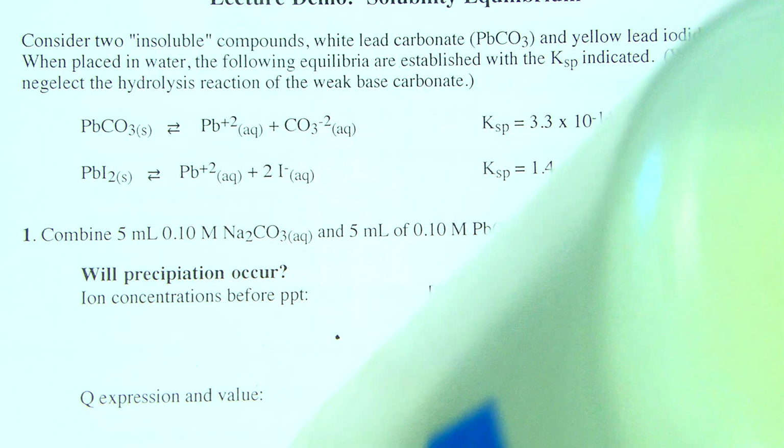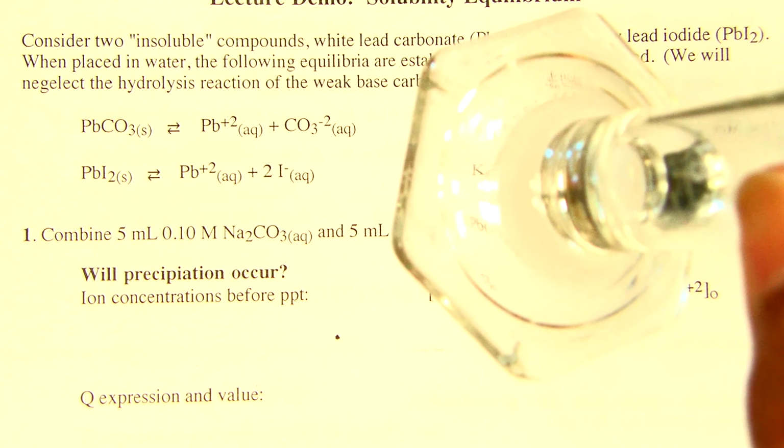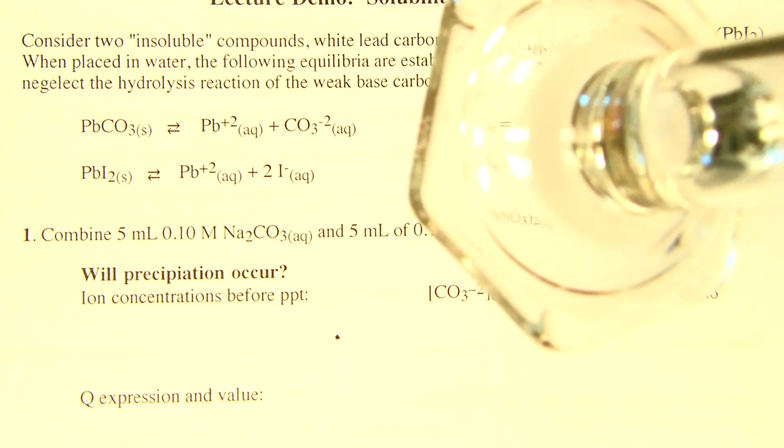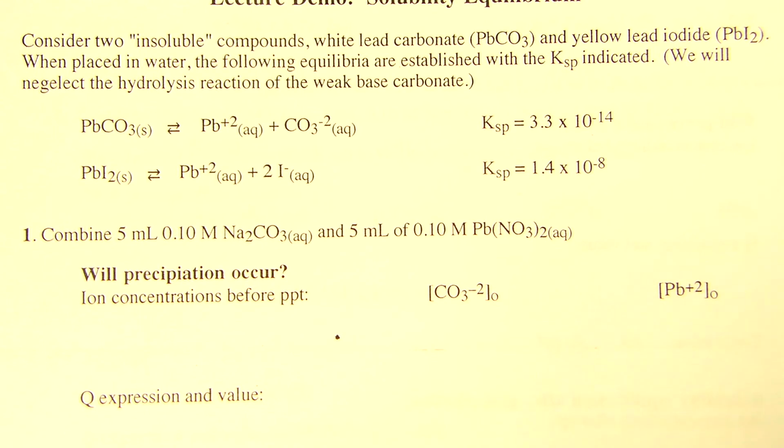From this stock, I have poured out, you can see exactly here, in this graduated cylinder I've taken 5 mL of sodium carbonate, and now I'm going to pour it, and I'm going to remove this so you can see it better. So this is sodium carbonate, 5 mL, 0.1 molar, and I poured it in a test tube. This is 5 mL of sodium carbonate.